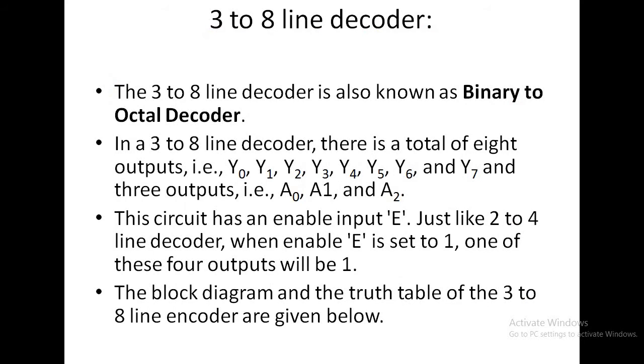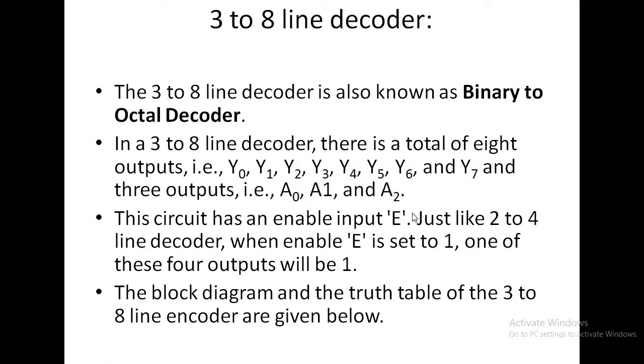Today we will discuss another type of decoder that is known as the 3 to 8 line decoder. 3 to 8 line decoder means in this type of decoder 3 input lines are there and 8 output lines are there. Okay, 3 input lines and 8 output lines must be there.